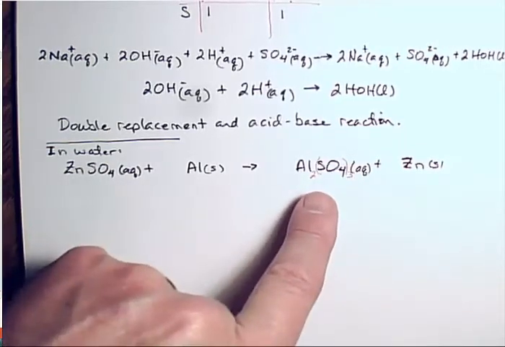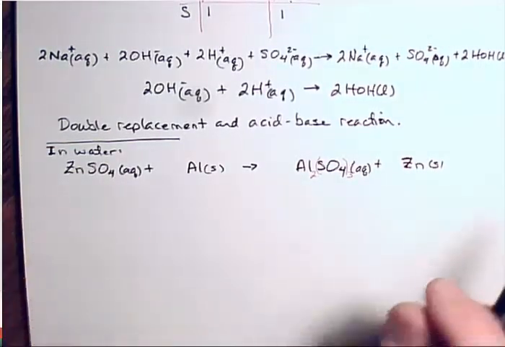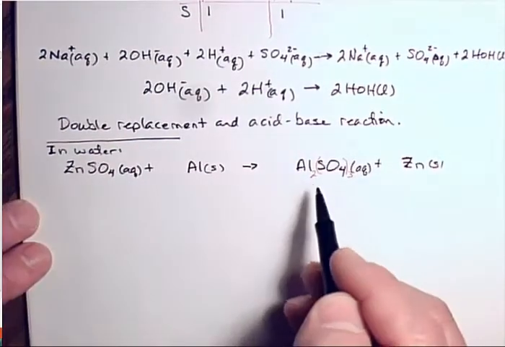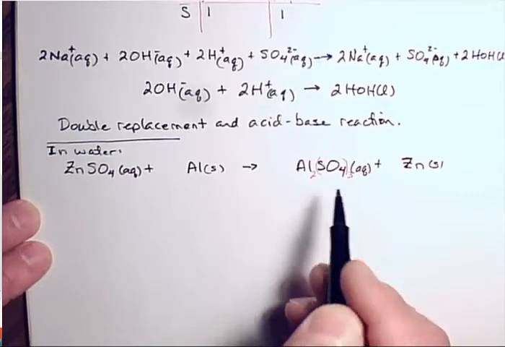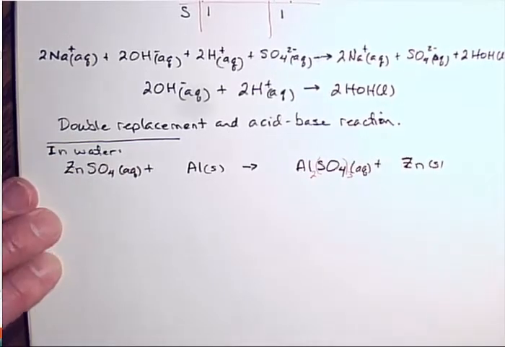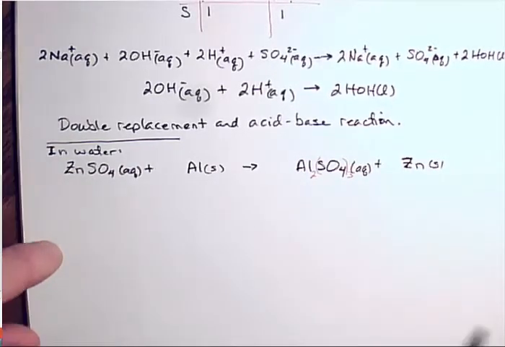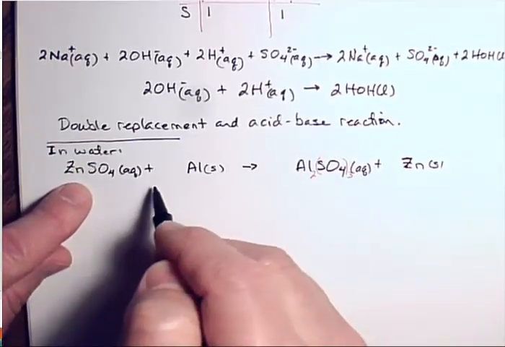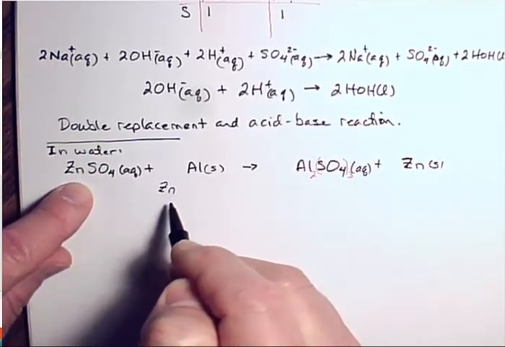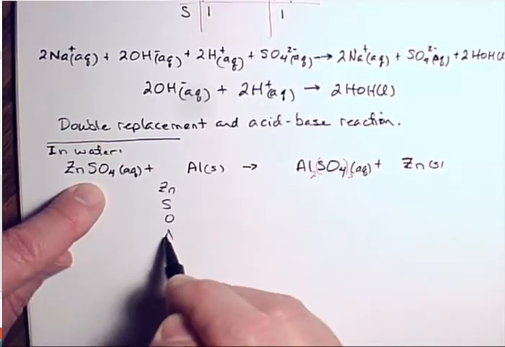We've got the physical states all laid out. The next thing to do is to balance the equation. And to balance the equation, you can't change these numbers. These are now set in stone. Leave them alone. Now we're going to write a list of all the elements we have in this equation. We have zinc, sulfur, oxygen, and aluminum.